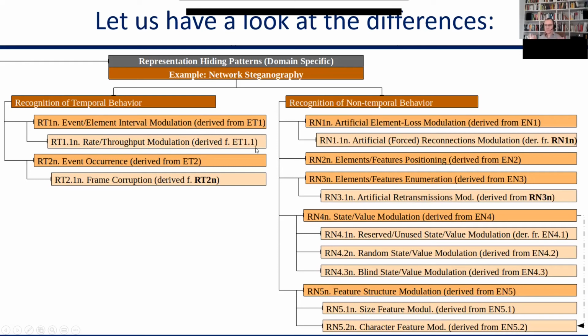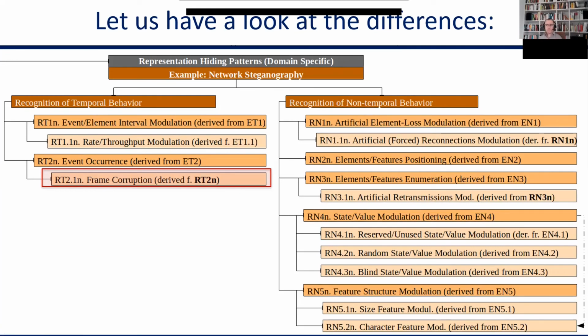However, there are some specific patterns that are derived in the domain-specific context. For instance, this RT2N pattern, frame corruption, comes from the original frame corruption pattern that was already present, is a special version of the event occurrence pattern. So there's some event, but it's a corrupted frame, and it's described multiple times in the literature.